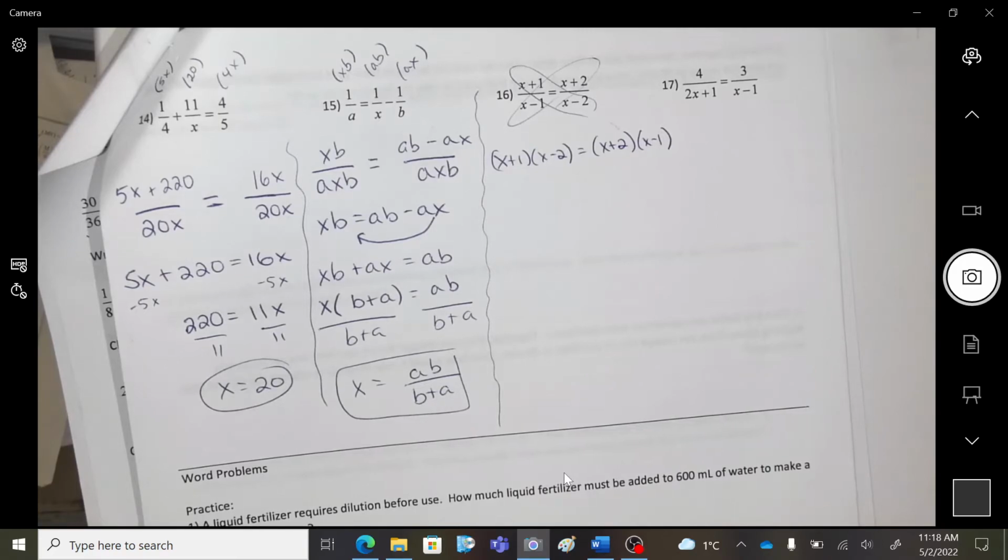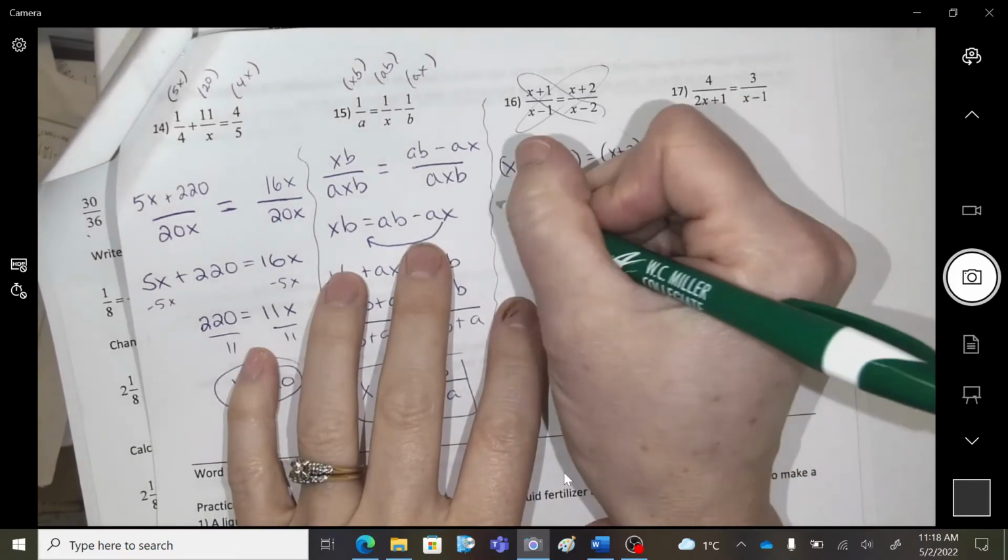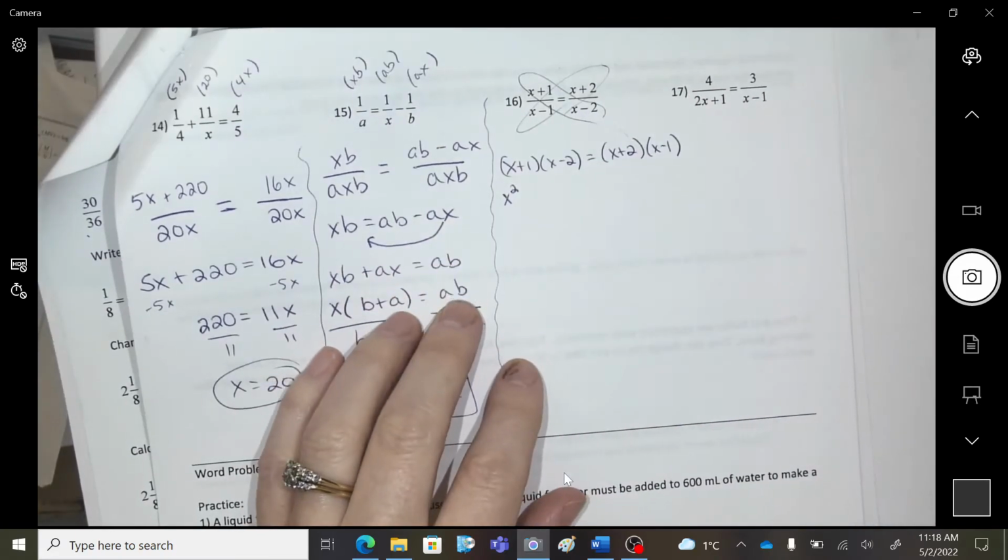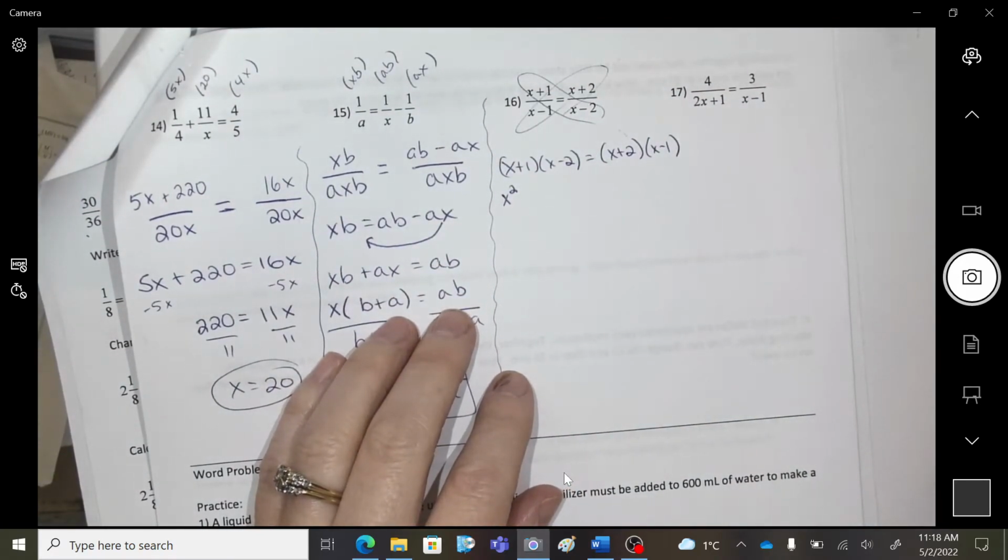Okay, I'm going to FOIL this. If you need to, you can do all four parts of the FOIL, or you could understand this as a simple trinomial. So x squared, what did the numbers add to?